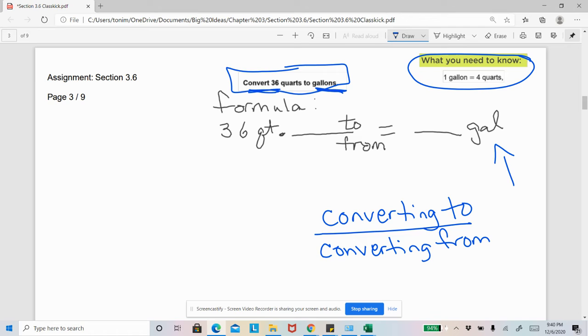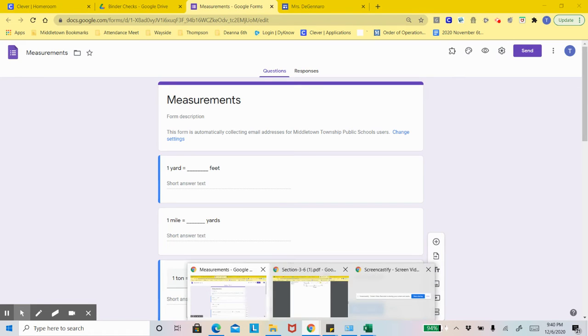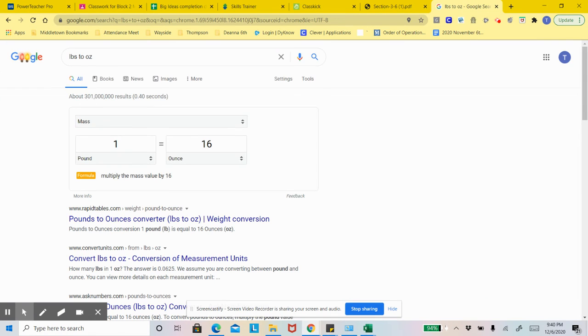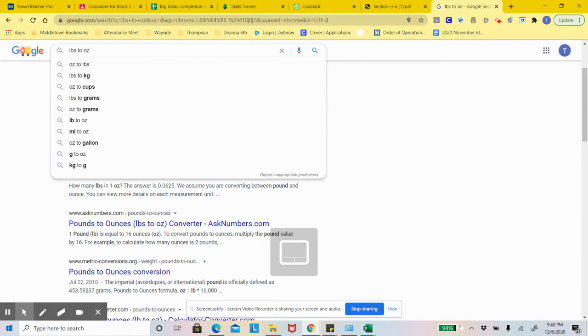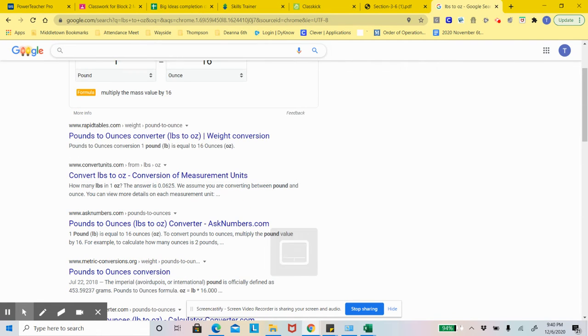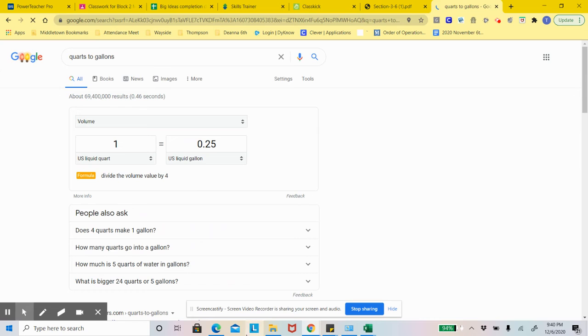Now, if you forget all of that, that's okay. What you can do is you go onto the internet and you can just type in quarts to gallons. And then here you go.